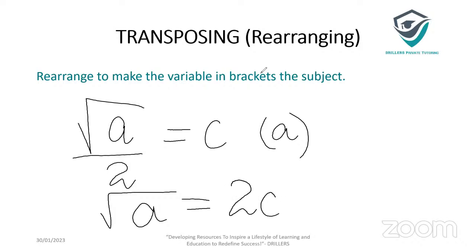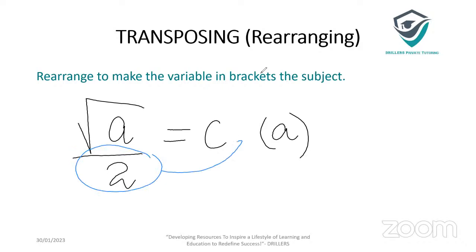It means the same thing. 2C is the same as 2 multiplied by C, or C multiplied by 2. So if we want, we can keep that. Let me just write it in a different color so that you don't get confused. So now if I'm transposing this divide by 2, it's going to come across here as multiplied by 2. So I'm going to end up with the square root of A is equal to 2 multiplied by C, or C multiplied by 2, which is the same as 2C.